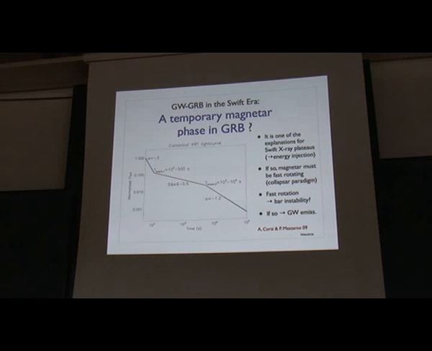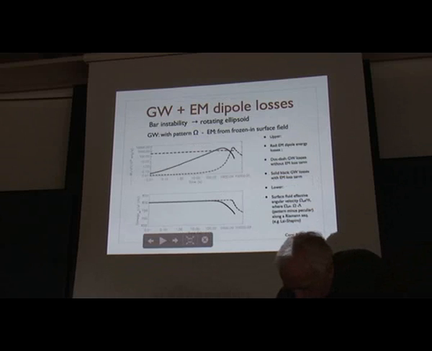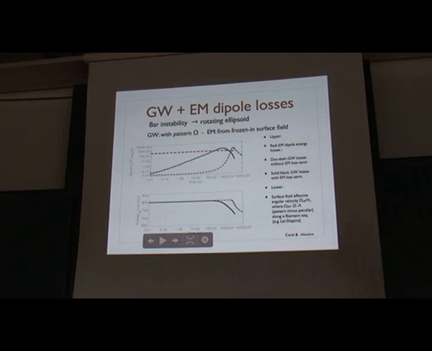But one thing that you would get to test whether it's a magnetar that's doing that is that it would have to be a fast rotating magnetar, which then would be subject to distortions.